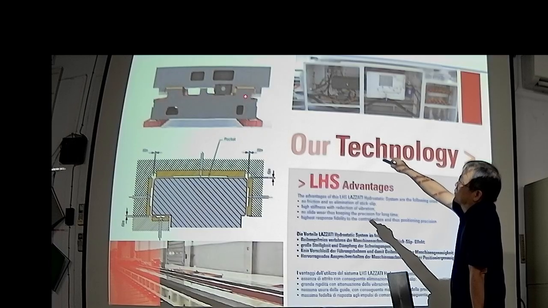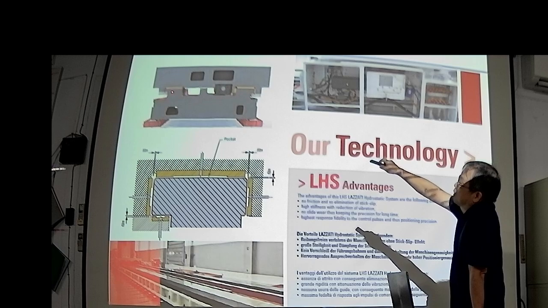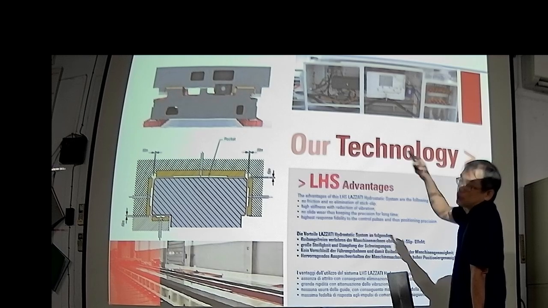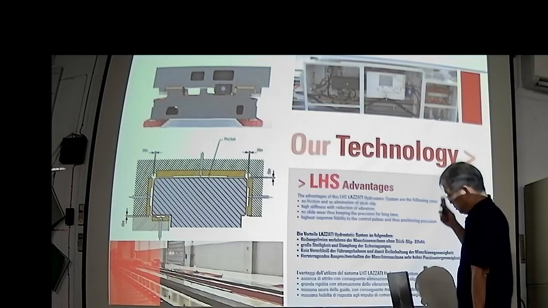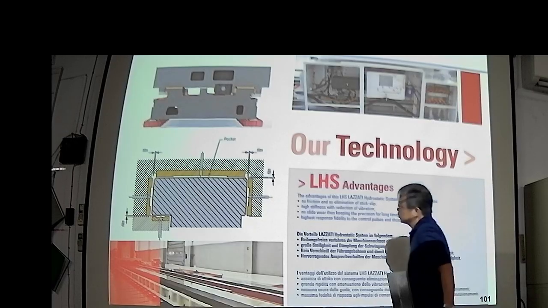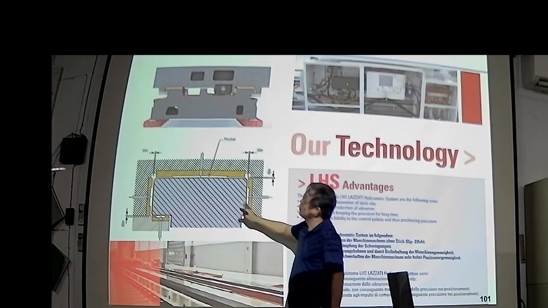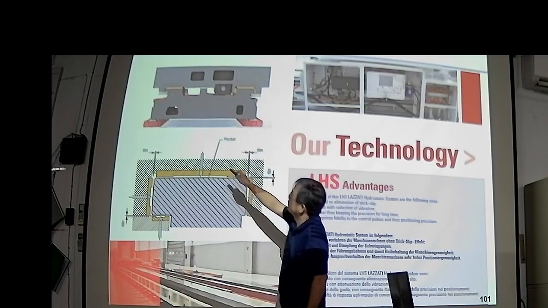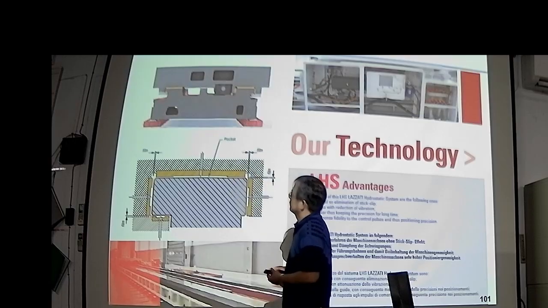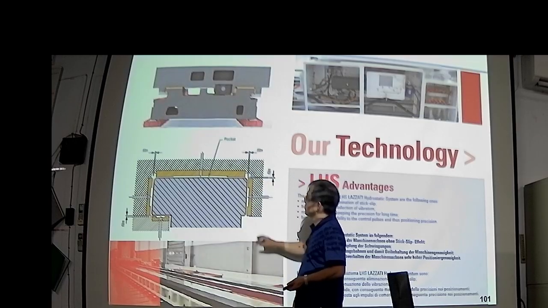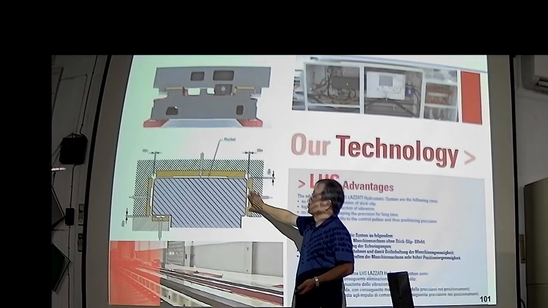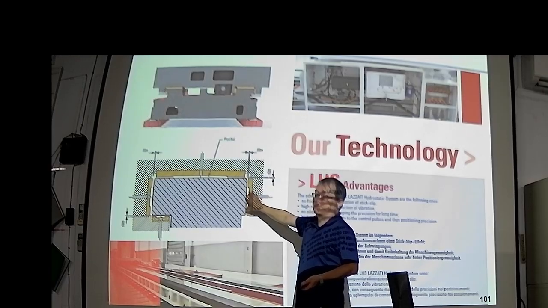This one, and this one. So this one and this one, hydrostatic bearing design. This is the zoom in for the guideway system here. So the yellow one is the recess.